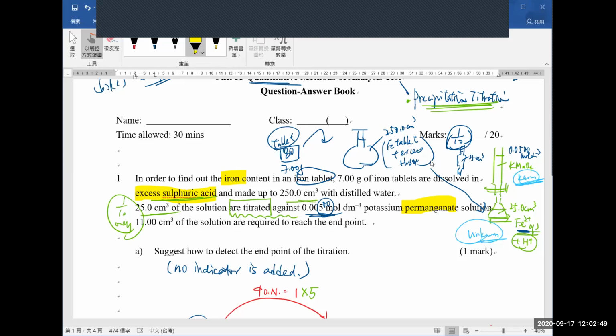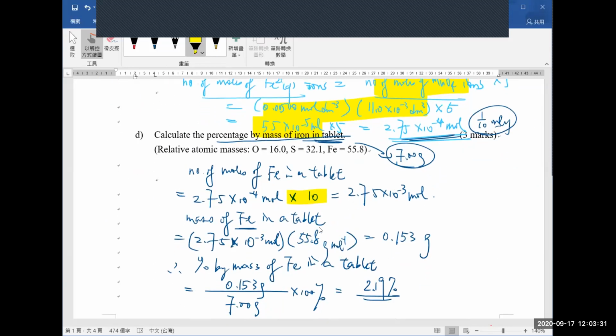Very often you use 250.0 cm cube of solution. But every time you do the titration, you just extract 1/10 of a portion. So you use the 25.0 cm cube pipette for help, and I do the titration. So the titration data just reflect 1/10 of the portion of the iron content inside that iron tablet. Okay, so remember, you are going to do the exercise by times 10.